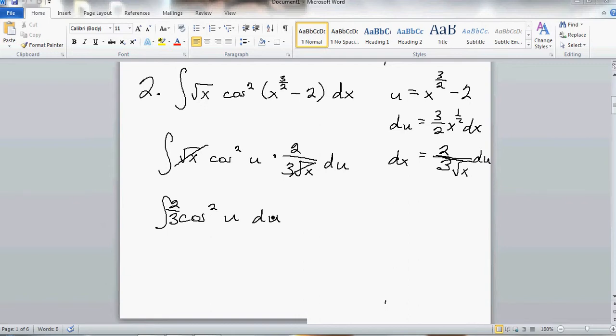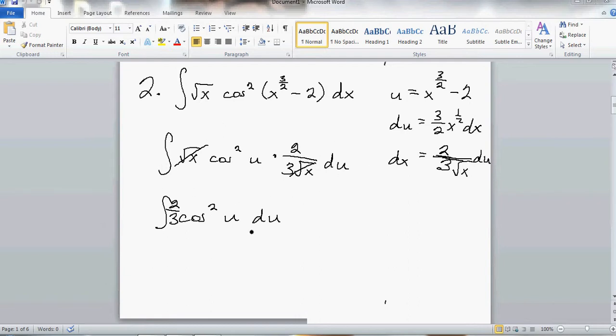Now, when we take the integral here, what we actually have to do is another substitution. Realize if we do this step right here, then all the x's should be gone.